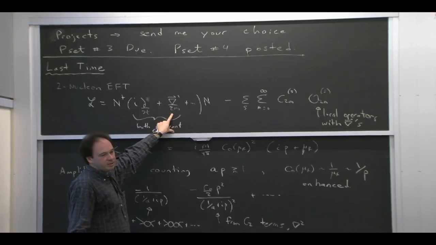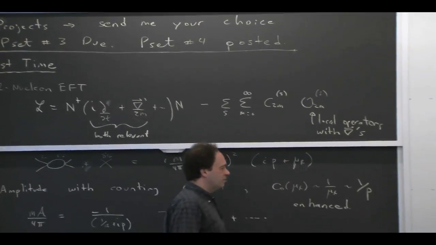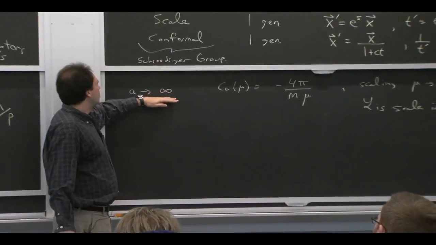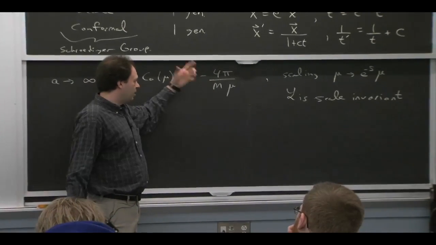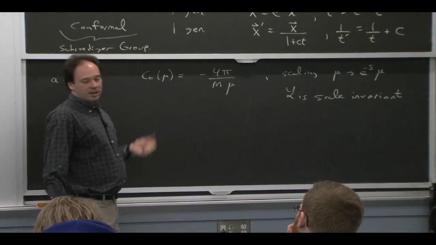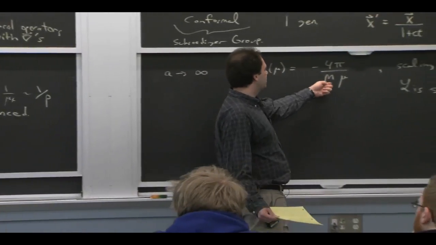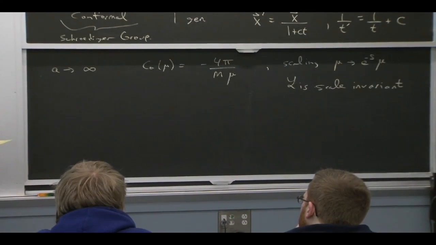Then the question is, what interactions can you add that would preserve that symmetry? I'm telling you that in terms of just the scale transformation, if you're able to scale the coupling in some way, in particular to make it a relevant interaction, then that will make it a scale invariant theory. And so the ability to scale this coupling, because you scale this mu, allows it to be a scale invariant theory.